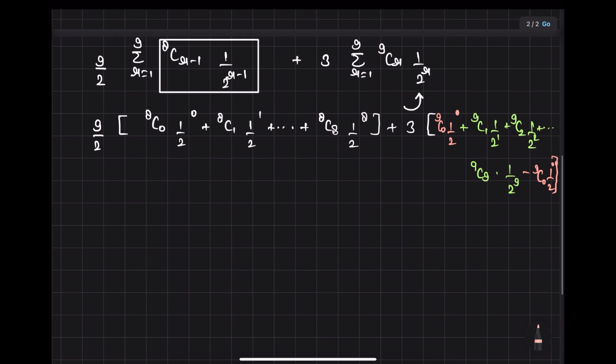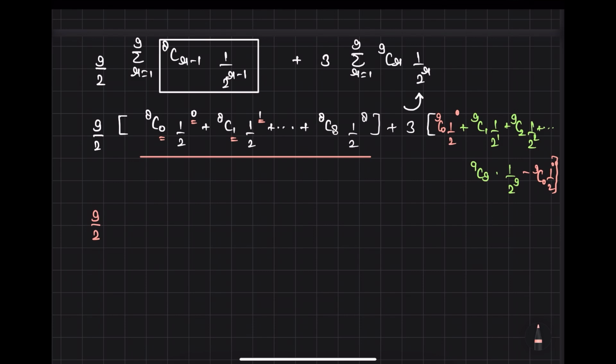Now can I write this thing as 9 by 2, and look at this. In every term you have nCr and you have the y component, because the lower subscript of C is the same as the upper subscript of 1 by 2.